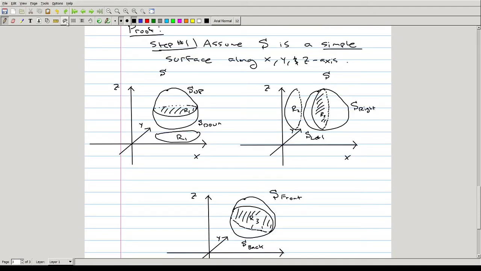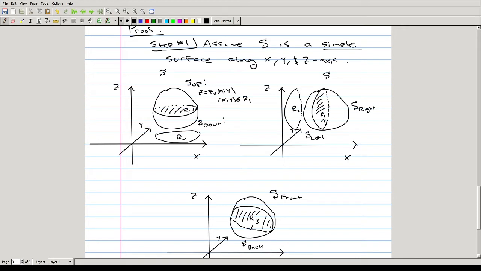So for instance, S up right here, the surface itself is the union of S up and S down, but S up is parameterized by z equal to some function zU of x and y for x and y in the region R1.